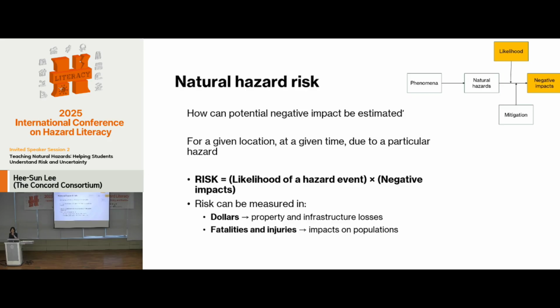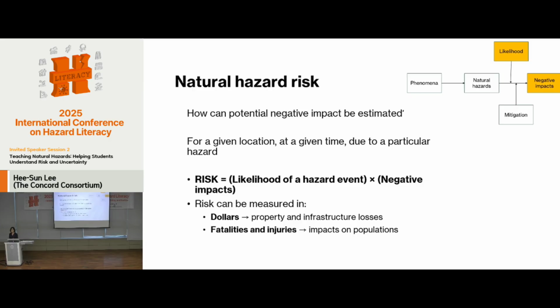So we really put likelihood and negative impacts together. This is actually the technical definition of risk in the professional community. So risk is the likelihood of a hazard event times negative impacts, measured in dollars or casualties or loss of human things. And this risk is not general risk for everybody.